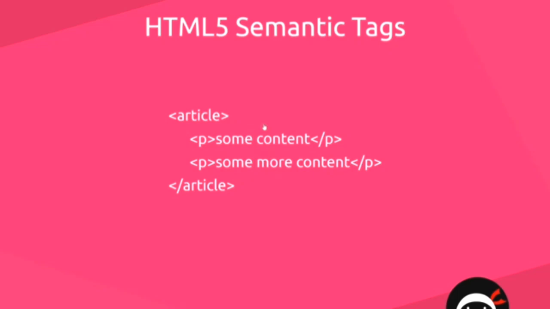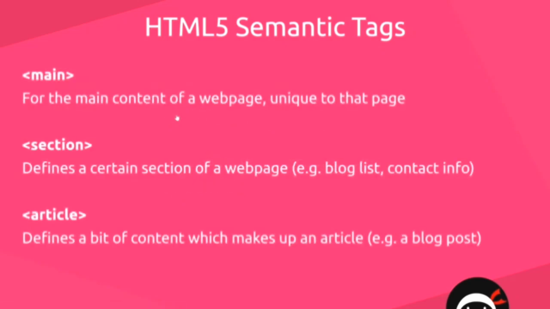So let's have a look at some of the different semantic tags that came along for the ride with HTML5. So first of all, we have this main tag, and that's for the main content of a web page, the bit that's unique to that web page as well, and it's not on other pages. For example, it wouldn't include the navigation because the navigation is on all web pages, but it might include the main content of the home page.